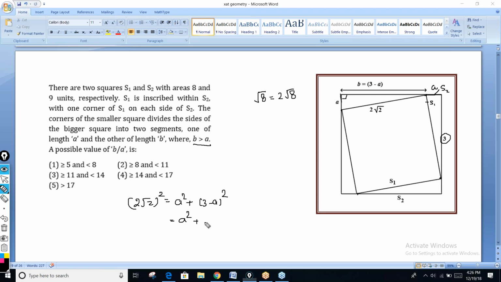So you will get A square plus 9 plus A square minus 6A, that is 8, and 2A square minus 6A plus 1 is equal to 0. So basically no root as such. So I'll use the formula to get the answer. The value of A comes out to be minus B plus minus square root of B square minus 4AC upon 2A.